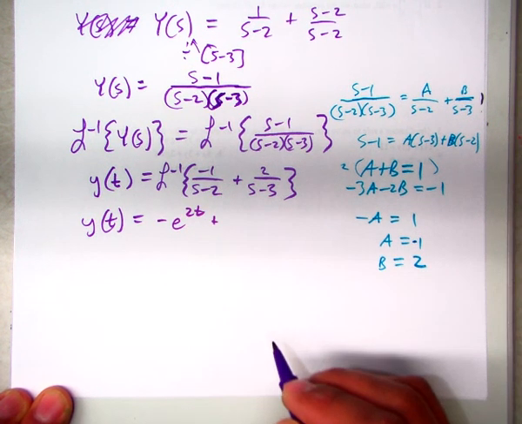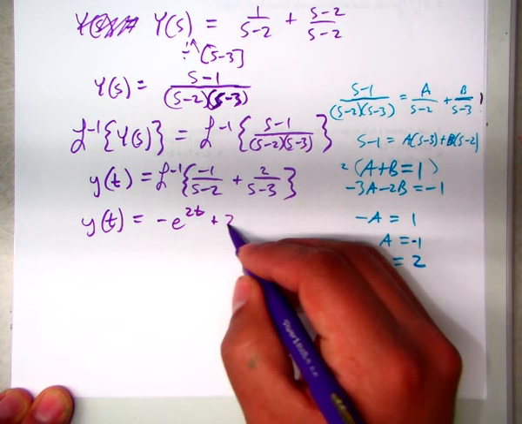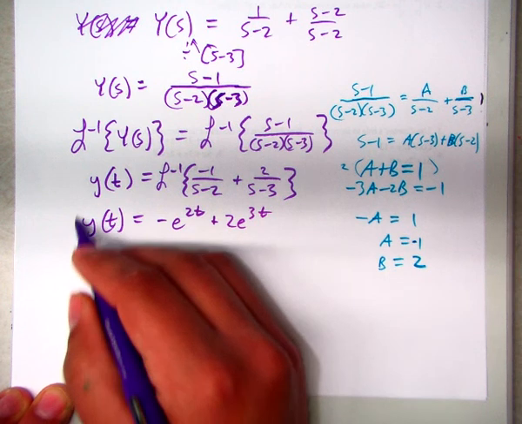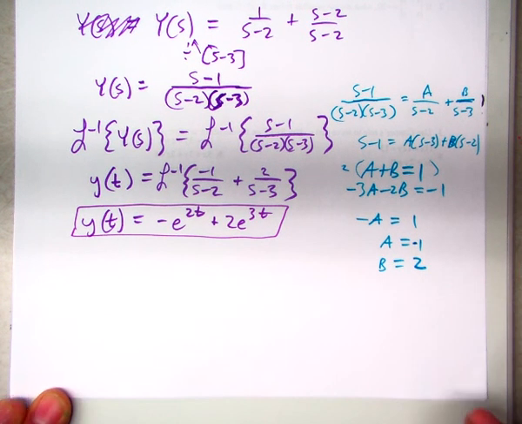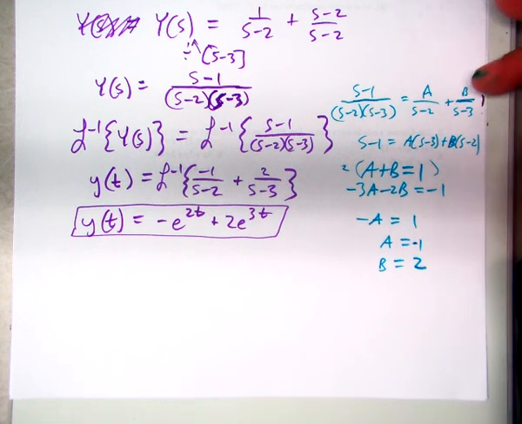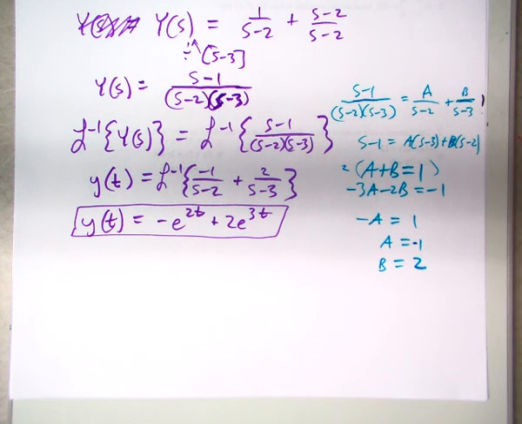Plus, there's our solution. Okay, so we're given an initial condition. We kind of work it in at the beginning, so now we don't even have to worry about it. Once we get to y of t, we're done.